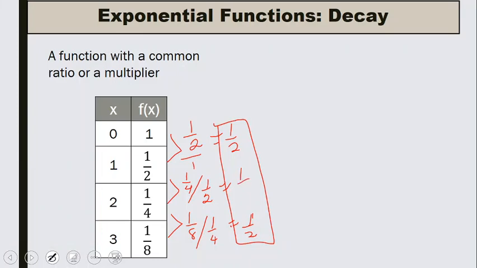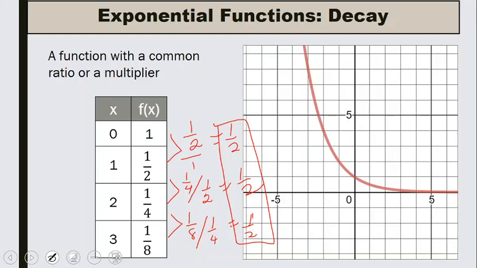But in this case, our common ratio is greater than 0 but less than 1. When the common ratio is between 0 and 1, we have an exponential decay. If you graph it, you will see that the value is consistently decreasing along the graph.